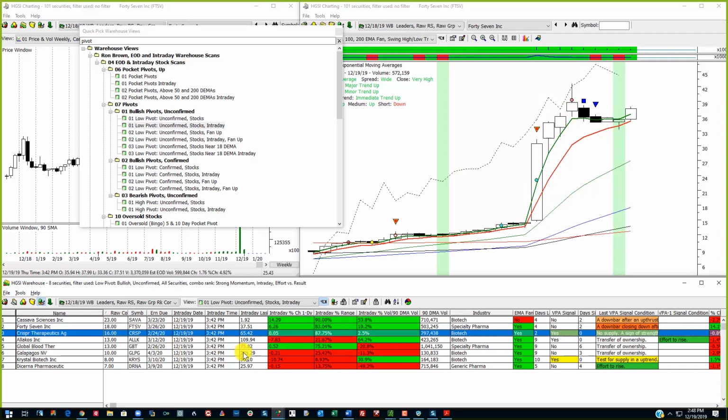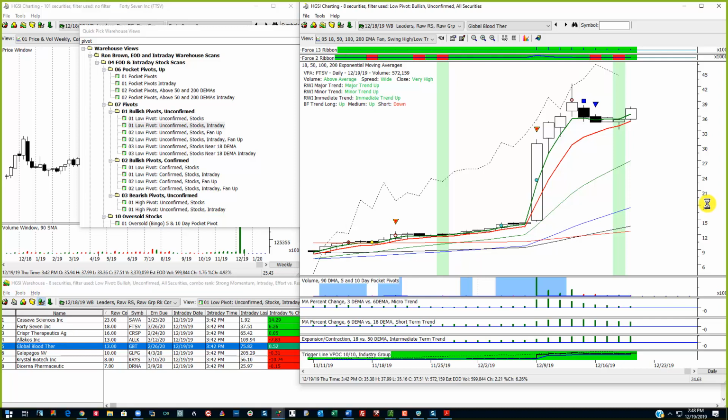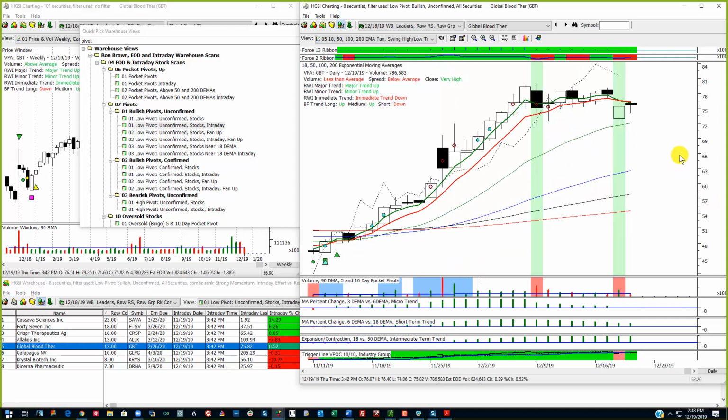Let's take a look at one other one here. Let's go down to global blood therapy. The way I have this chart set up, now here was a pivot right here, but this pivot was never executed according to my rules, because it certainly didn't take the prior day out.